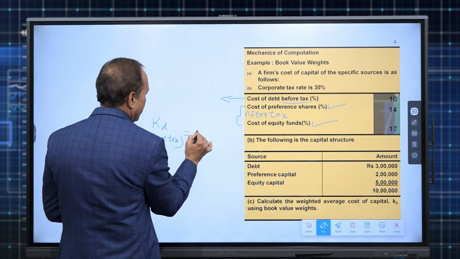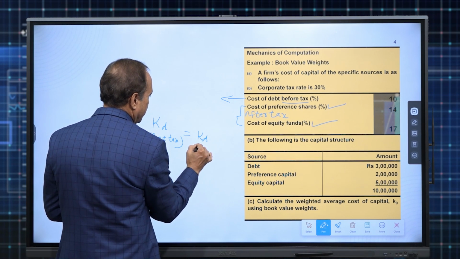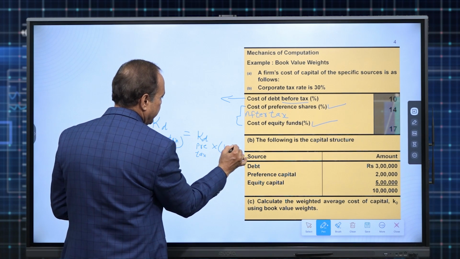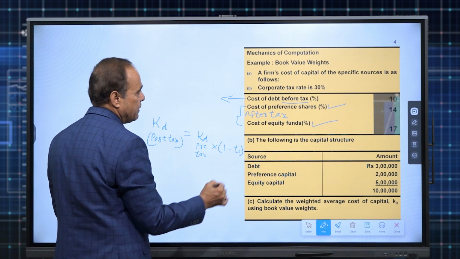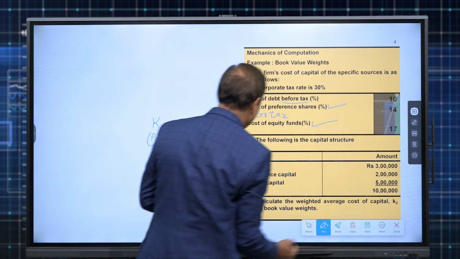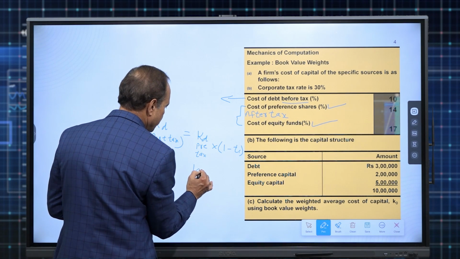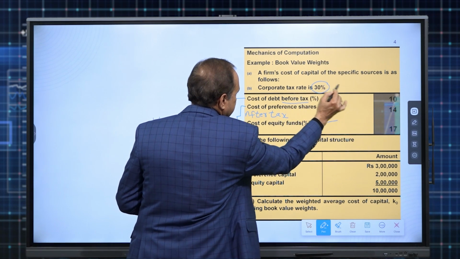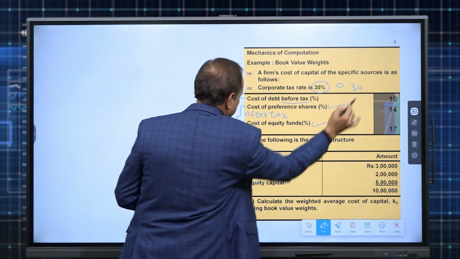So it will be KD pre-tax multiplied with 1 minus TC. So my pre-tax KD is 10%. Tax rate given to us is 30%, to be plugged in as 0.30.